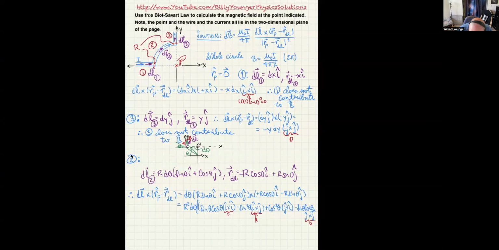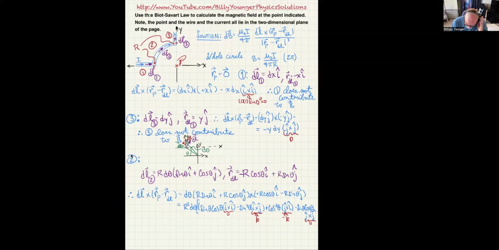And j hat cross i hat, being the opposite of i hat cross j hat, is negative k hat. Which is good because we already had a negative with the k hat one, and we didn't have a negative with the cosine squared one.